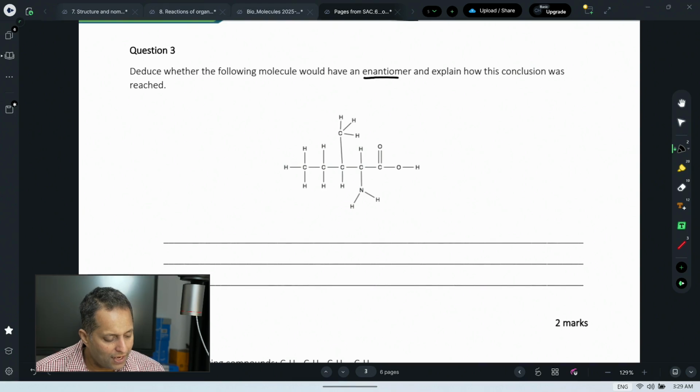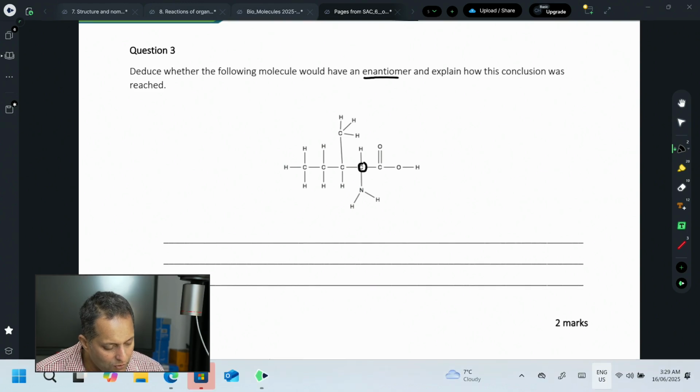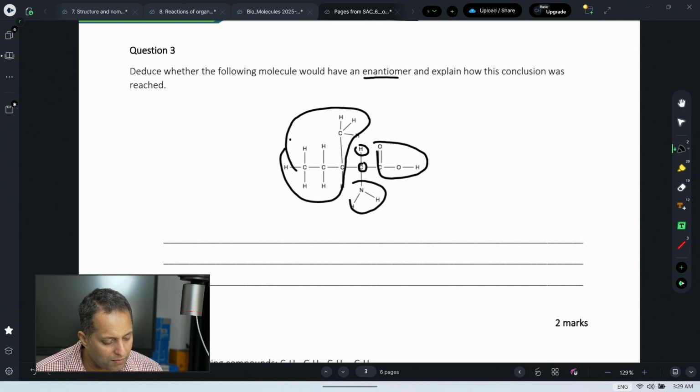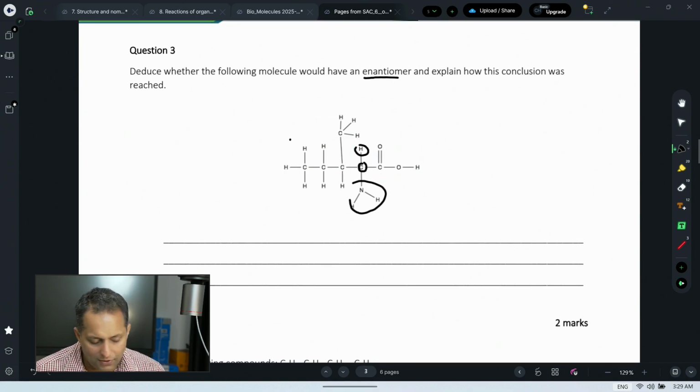As an example, I'll show it to you. This carbon is chiral. Why? There are four different groups attached to it. Look, this is one group, another group, and this is the other. So there are four chemically different groups attached to it. So this is a chiral carbon.